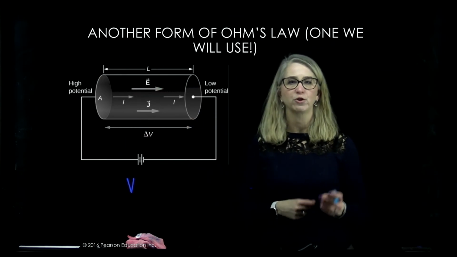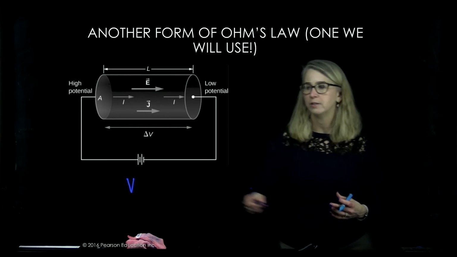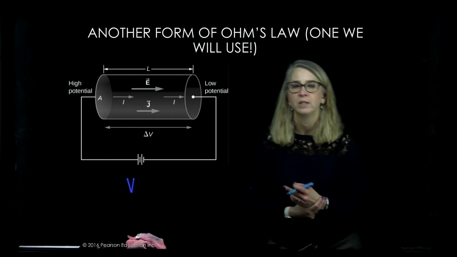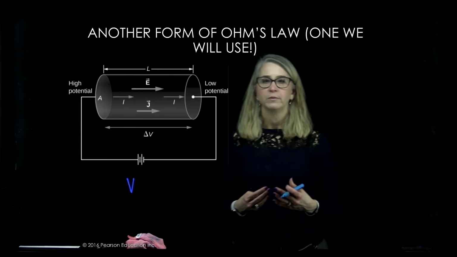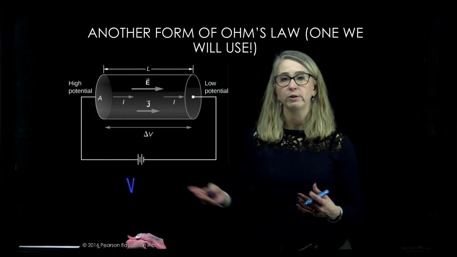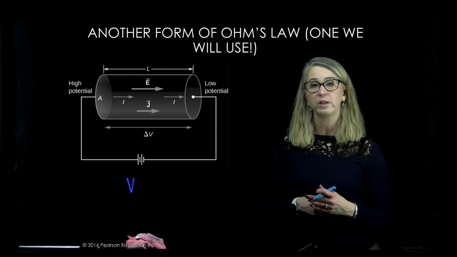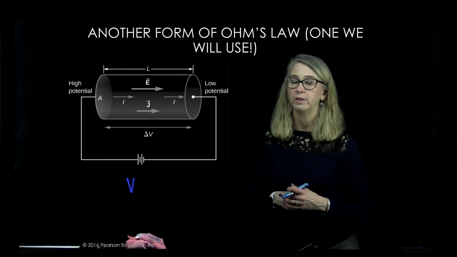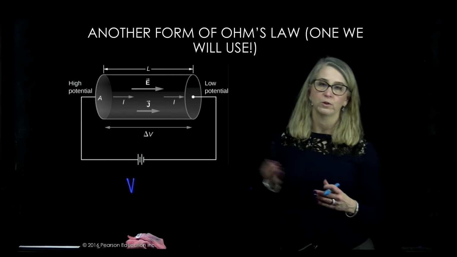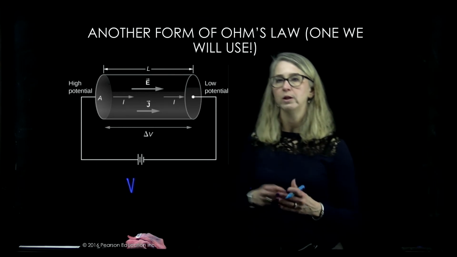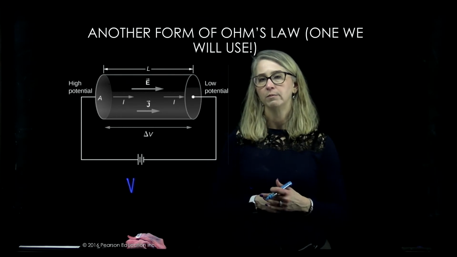The potential difference across that wire is equal to that of the battery. Connecting this piece of wire to a battery will set up not only a potential difference across it, but an electric field within the wire, within the conductor. Of course, it'll also cause a current to flow, and a current density.